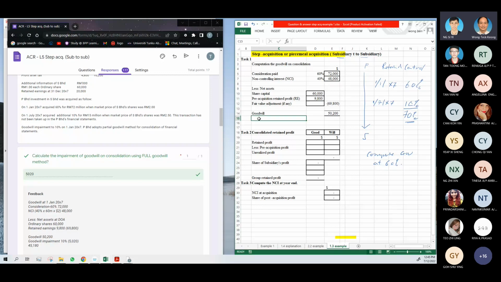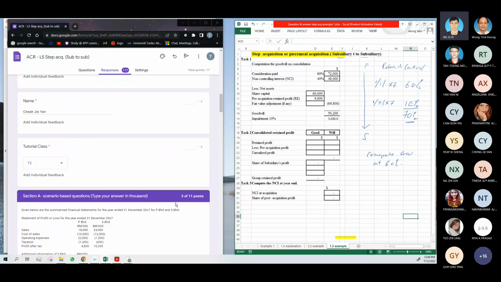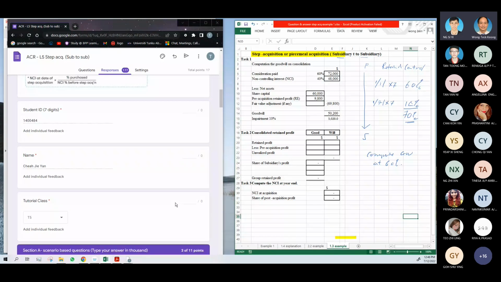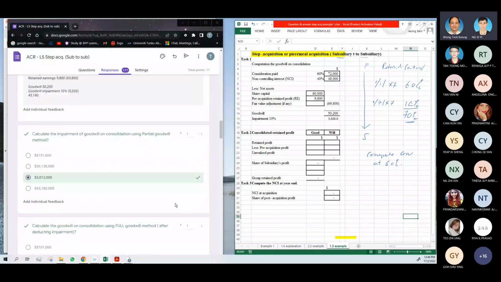So your impairment, 10%, so will be... Jiayan, you do it correctly.